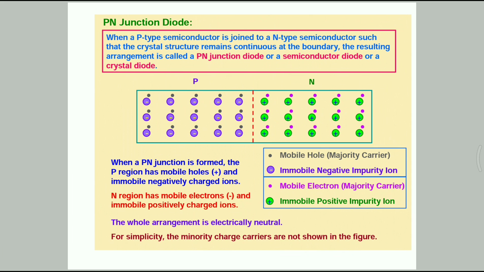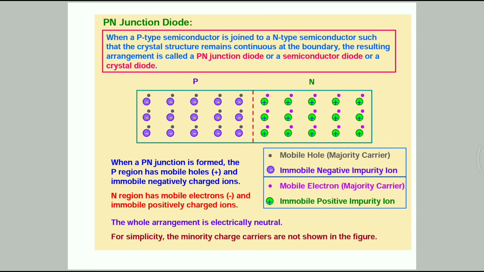These are various methods of forming a PN junction. When a PN junction is formed, the P region has mobile holes, positive, and immobile negatively charged ions. The N region has mobile electrons, negative, and immobile positively charged ions.